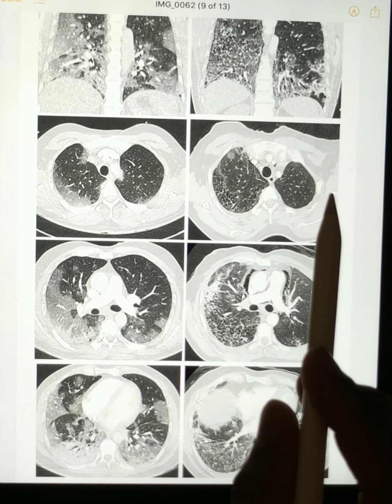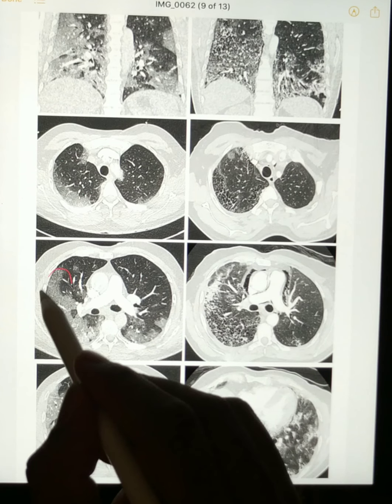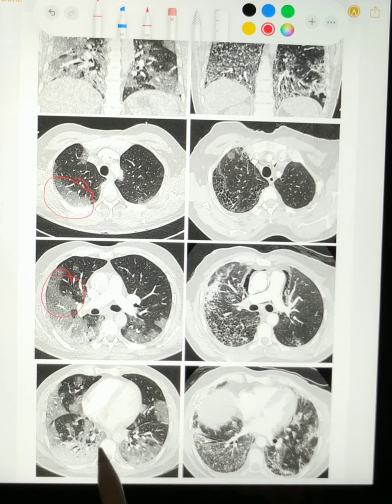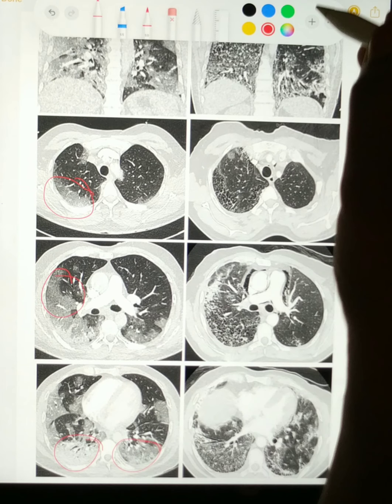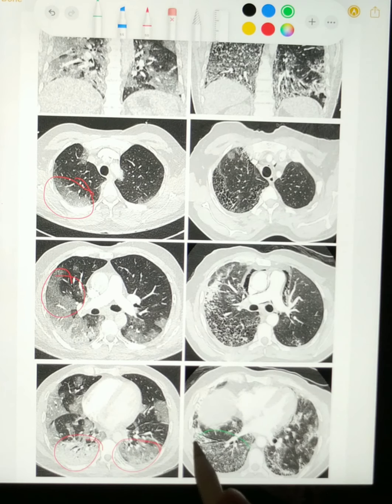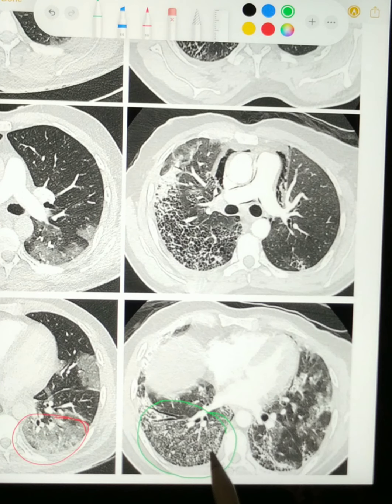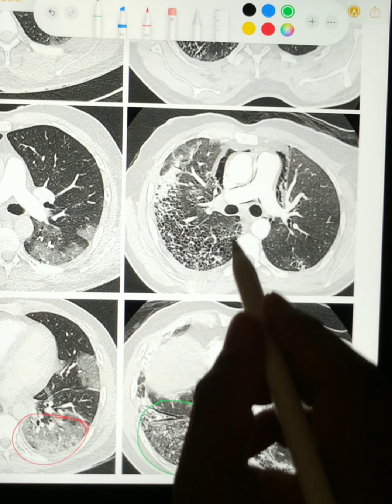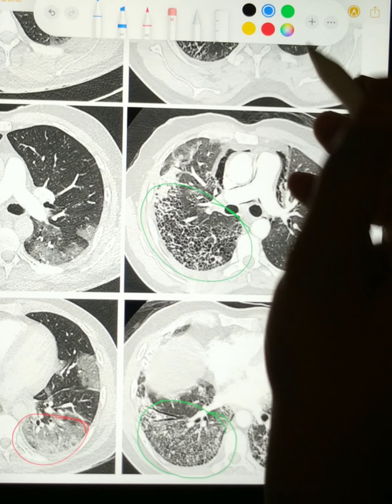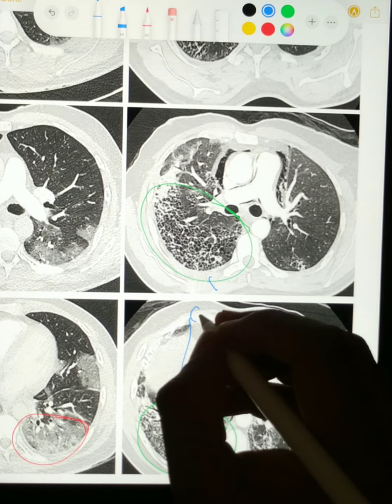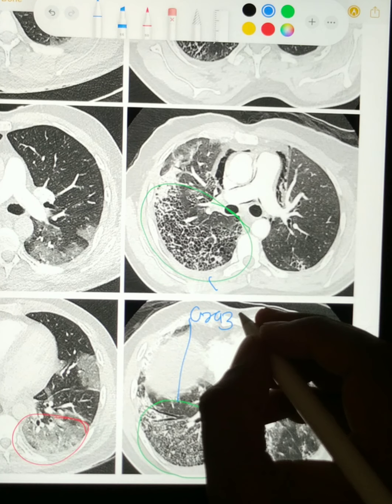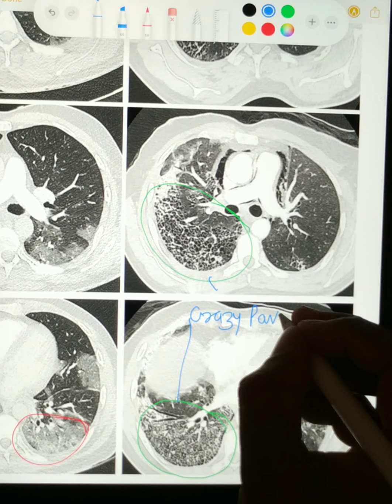In this film, you can see areas of ground glass opacities, subpleural in location. And in this film, you can also appreciate the area of crazy paving pattern. You can see easily that this is a crazy paving pattern here and here also, which is due to interlobular septal thickening.